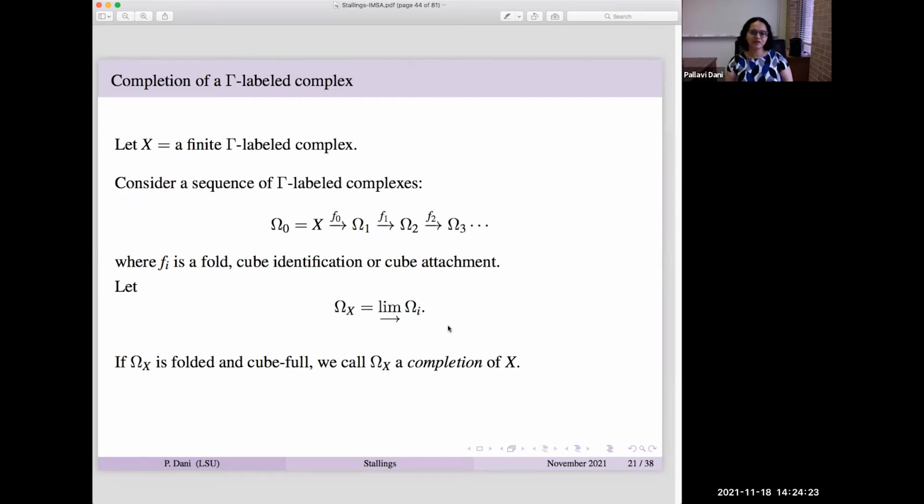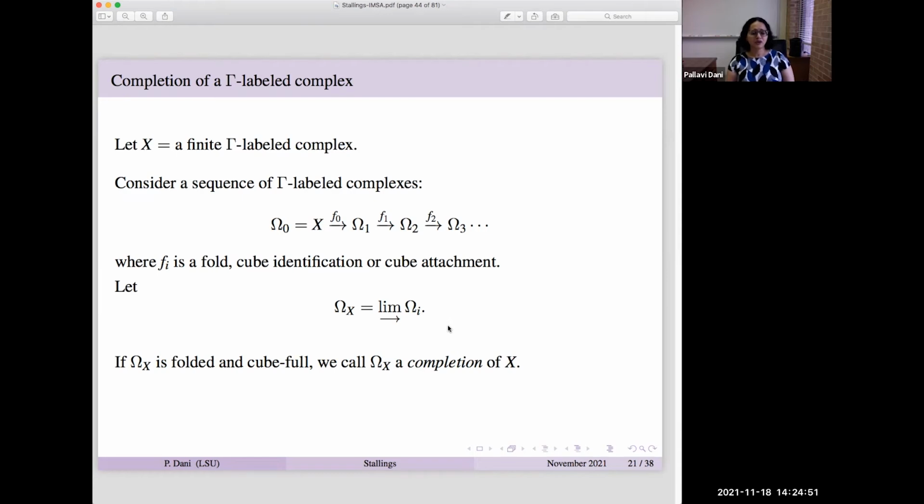And this terminology of completion is motivated by the paper of Levcovitz on automatic groups. They define a similar sequence. They're not doing cubes, and they actually don't have two cells, but still there are some similarities between what they do and what we do. And so we call that completion, inspired by their terminology.